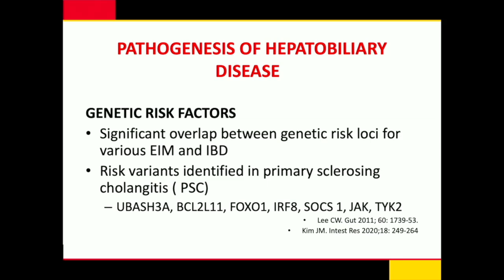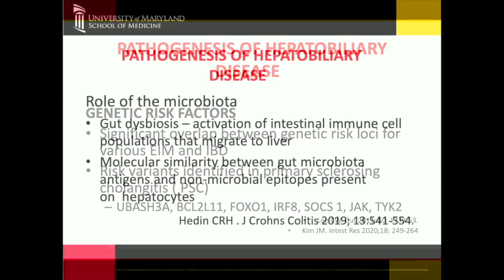The pathogenesis of hepatobiliary disease, as with other extraintestinal manifestations of IBD, is not very clear, but there is a definite genetic correlation, and there is a significant overlap between the genetic risk loci noted in various other EIM as well as IBD, and these are the risk variants that have been identified specifically for PSC.